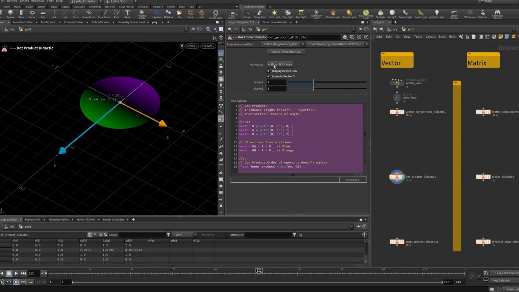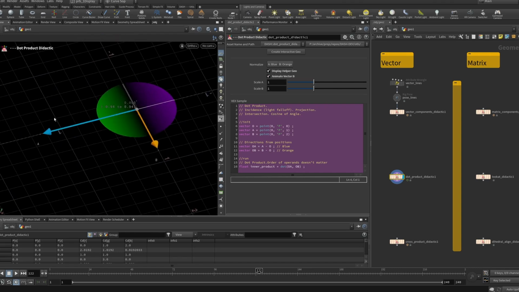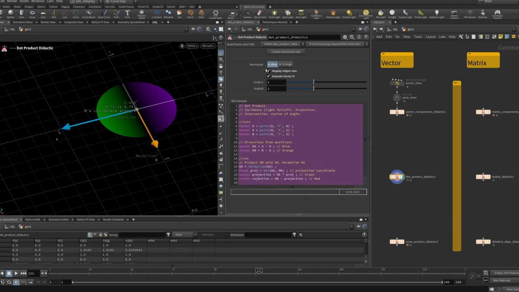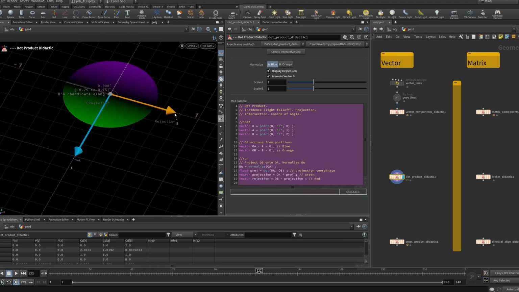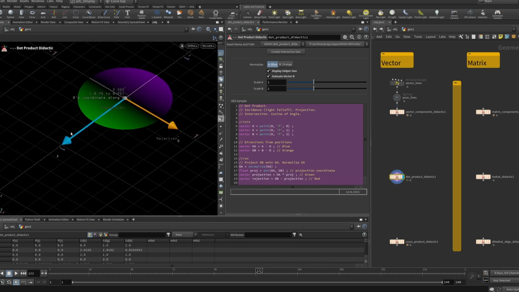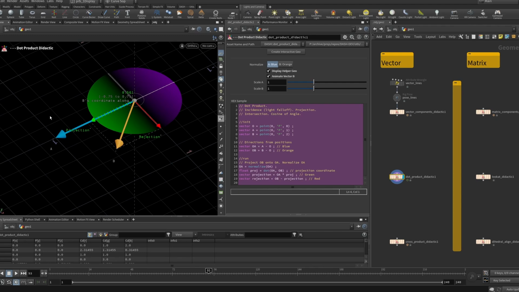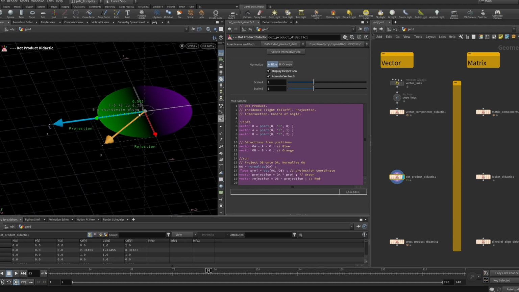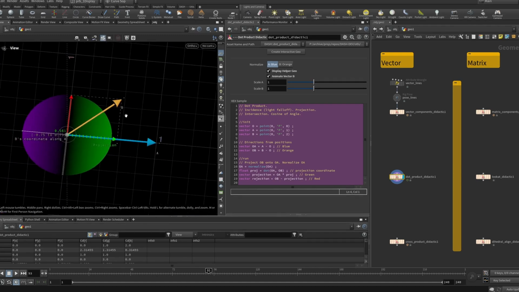So if I normalize A, meaning I'm going to make vector A have a length of 1 unit, now the dot product with B will be equal to the coordinate of B along the normalized A. If I animate this a little bit, you can see that this dot product value of 0.561, if vector A is scaled by it, we're going to get this projection vector here. So this vector, as you can see by the dotted lines, is the projection of B along A.